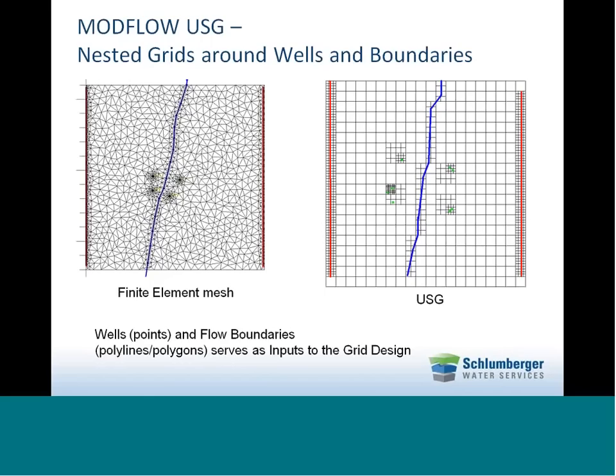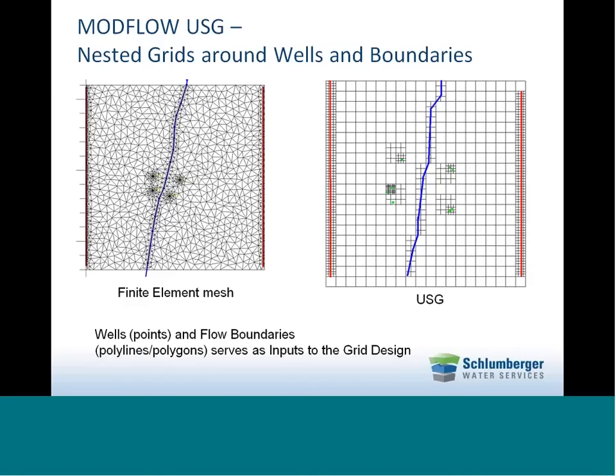Here is a short illustration that shows what this looks like. For those of you that have worked with FEFLOW models before, you know that one of the first steps in designing the model is to design the super element mesh. In this workflow, you provide the geometrical inputs that you want to use for the mesh design. So you define your boundary, you provide a set of polylines that represent your flow boundaries, and points that represent your observation targets and your well locations, and these are used as inputs for the mesh generation.